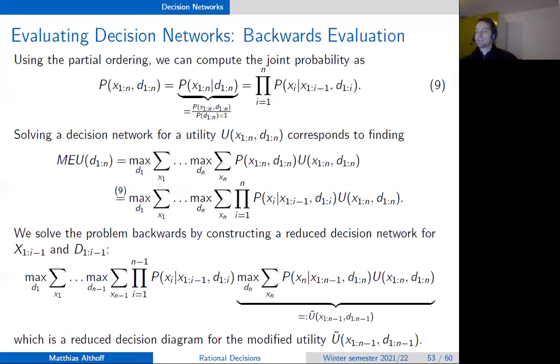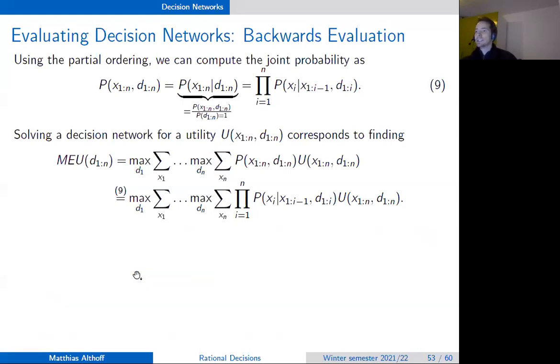And as a result, you will have the optimal decision sequence, or let's say the optimal policy. You don't compute exactly the sequence, because the sequence will depend also on what random variables will be revealed, but you will always have the best policy given the revealed random variables.